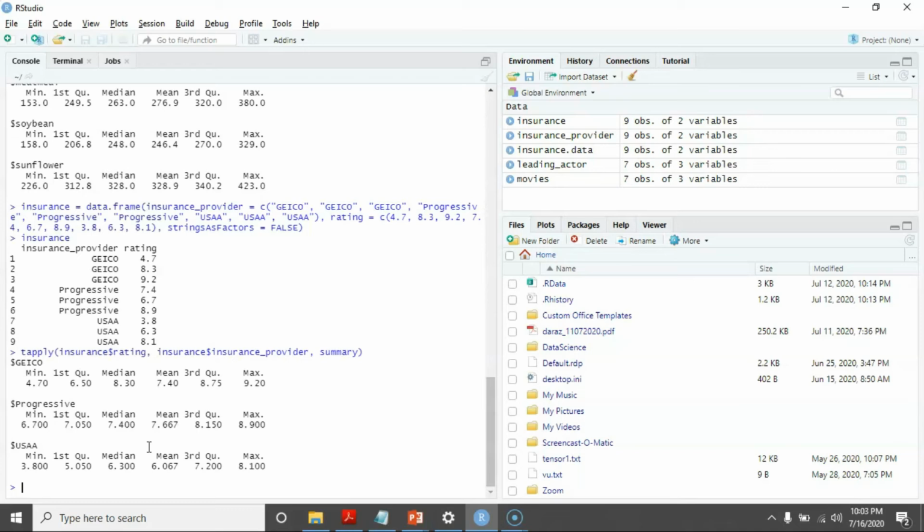Remember, the more deviation between the mean and the maximum means it is not very consistent. In some cases it performs very poorly, in some cases it performs very well. So this is not basically a good rating if there is a large deviation between mean and max, or minimum and maximum values.